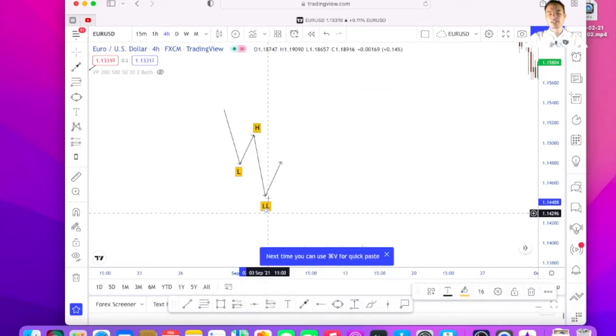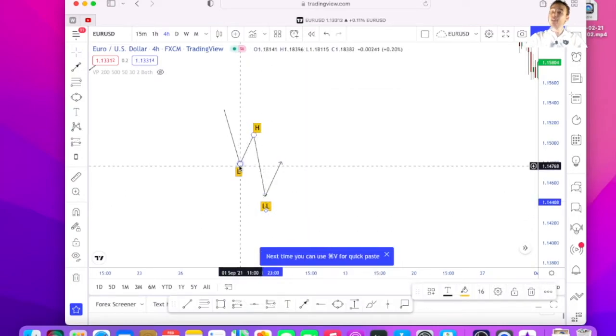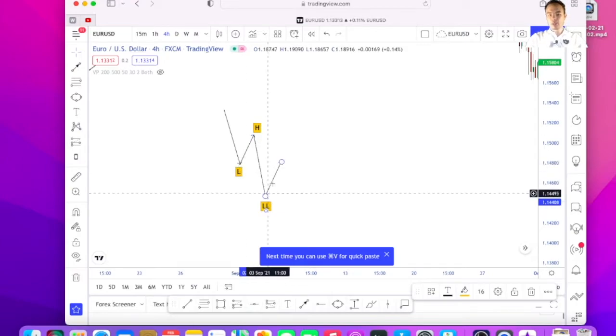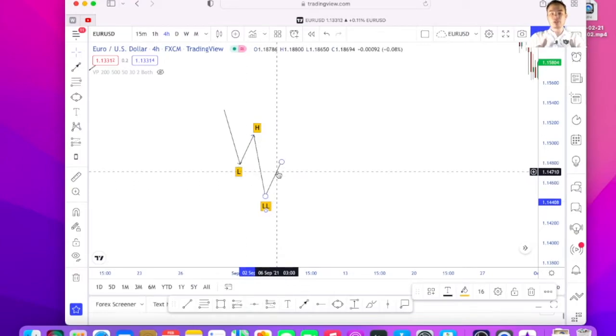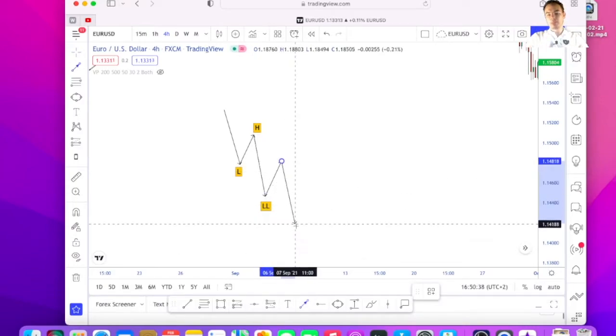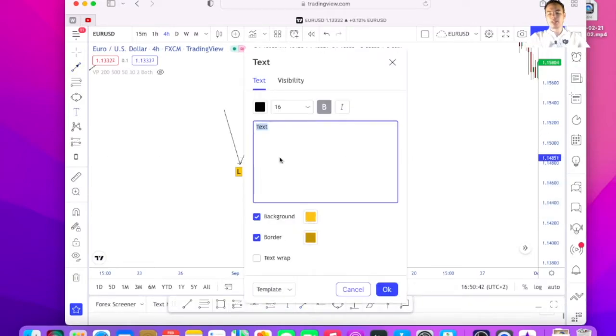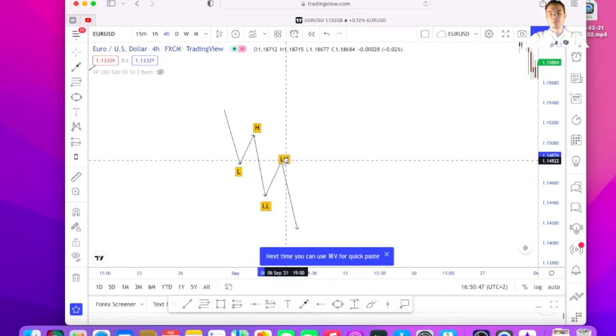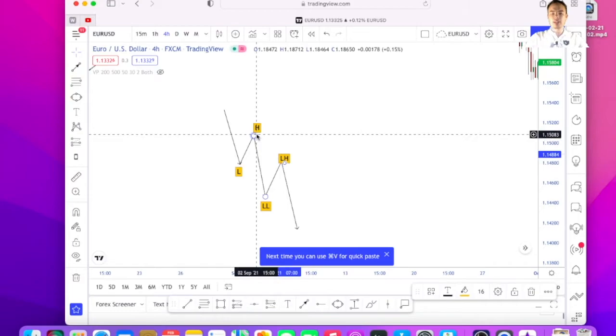Why? Because this low is lower than the previous low. Then it will retrace up. So now in a downtrend, the retracement is going up, and forms that pivot point, and price will carry on going down. Now this pivot point here will be a lower high, because this high is lower than the previous high.